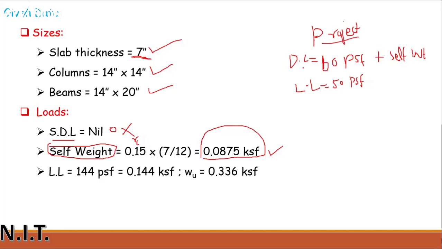Your project loads can be calculated by dead load, which will be 60 plus self weight. Self weight can be calculated this way: 0.15 multiplied by 7/10, which gives you the self weight, plus 60 will give you the dead load. And live load, in this example it is 144, but in your project case it is 50 PSF. Clear?